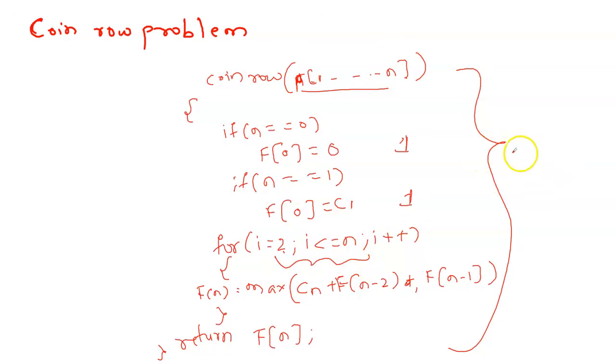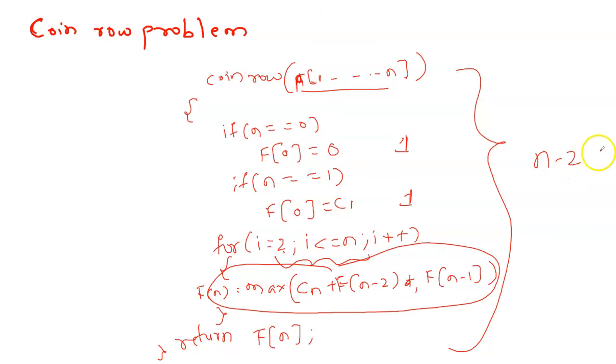So we have to calculate this recurrence relation up to n minus 2 coins, which is nearly equal to n, because we neglect the minus 2 and call it n. That means the time complexity of this algorithm is linear order.